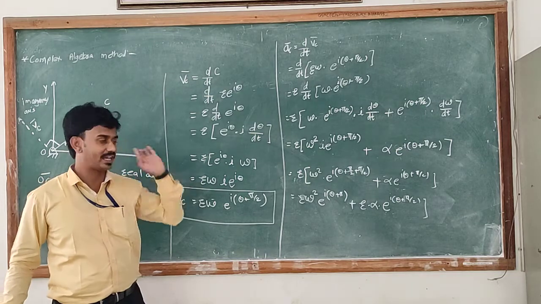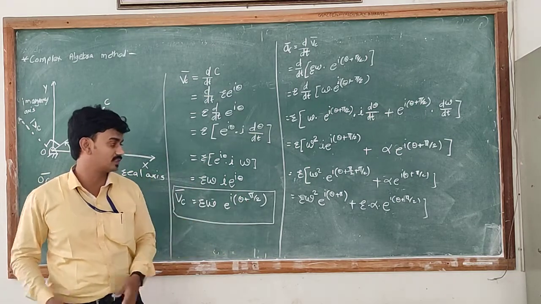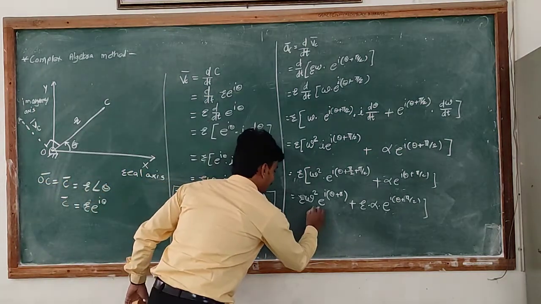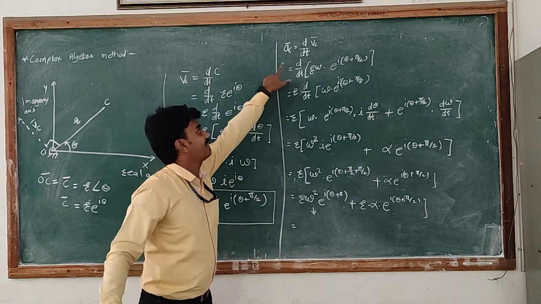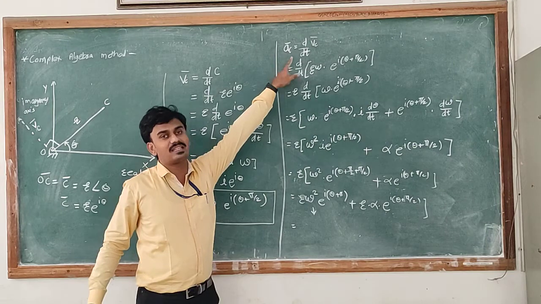This is the acceleration of the link, and here are the two terms. This term, the acceleration, is represented by AC bar.